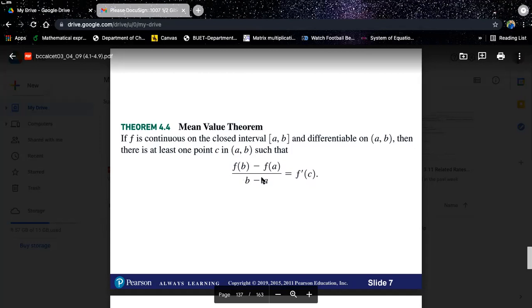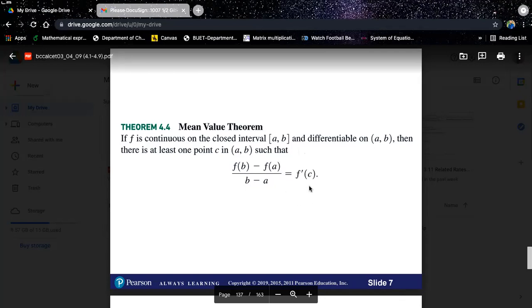We just subtracted the functional values and then took the ratio with the change of the variable itself, like this. It is actually the slope of the secant line.